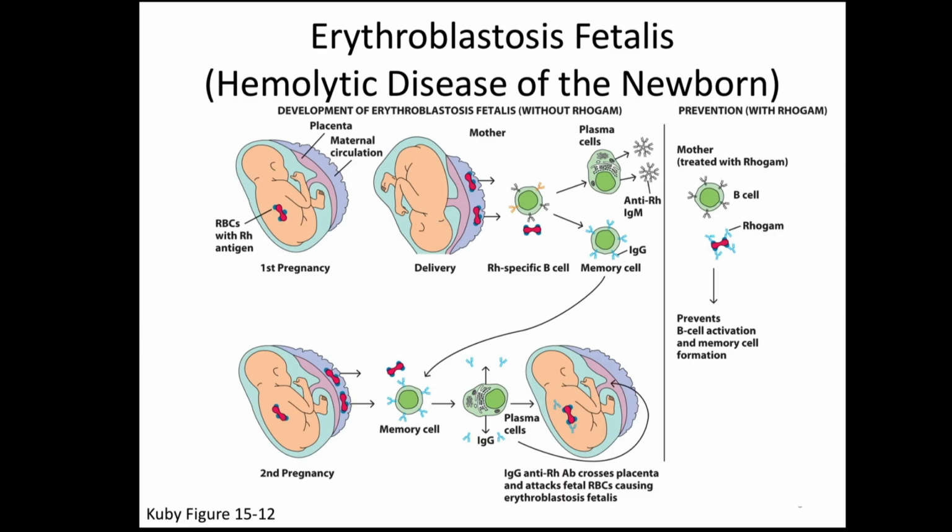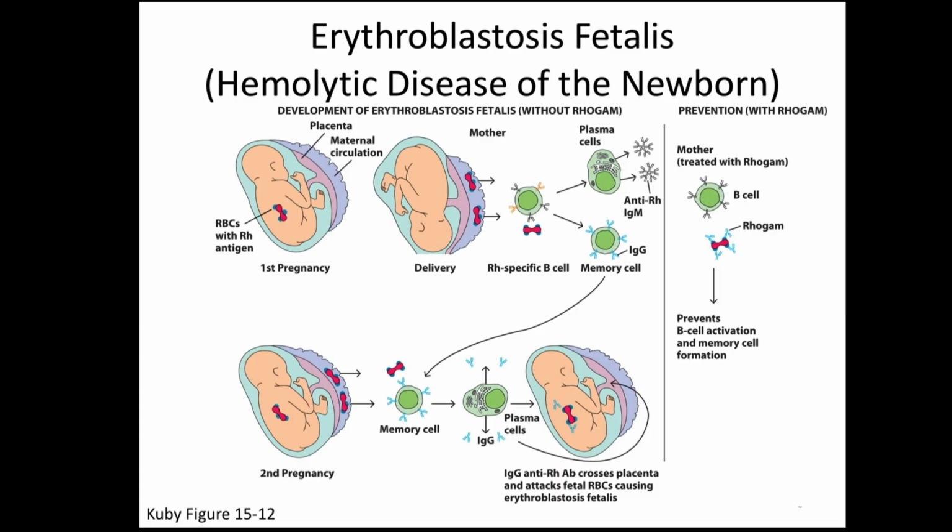And if we realize, hey, look, mom's Rh minus, baby's Rh positive, there is a possibility of this reaction happening. So we see this happen during the first pregnancy. We're like, this could have happened. We actually then start treating mom with something called RhoGAM.